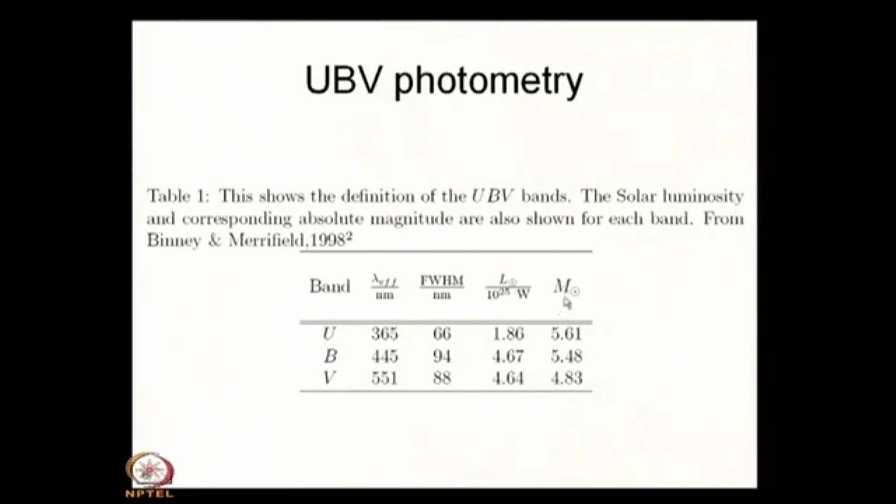So the sun has an absolute magnitude of 5.61 in the U band. What does it mean? It means that if the sun were kept at a distance of 10 parsecs and I were to measure the flux in the U band, the magnitude would be 5.61.